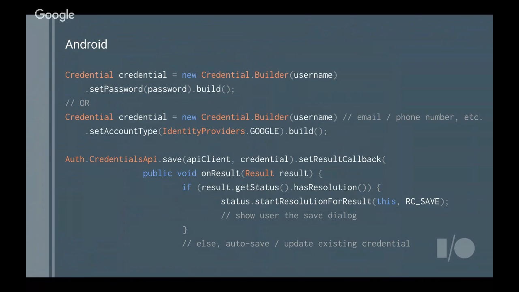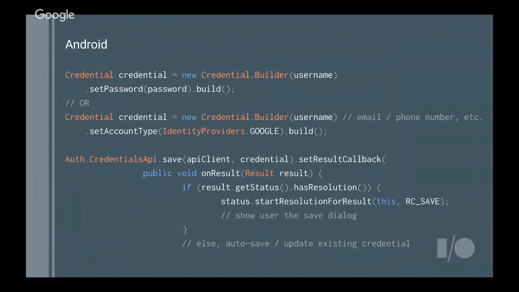Okay, so let's go through an example of that just to illustrate how it works in a little bit of code here. You construct a credential object with either the username or password as you see at the top, or as I alluded to, you can remember that this person had a non-password based account. So for example, it could be with Google, Facebook, or even a phone number based account. You remember their username and the type of the account rather than the password, and then you call the save API.